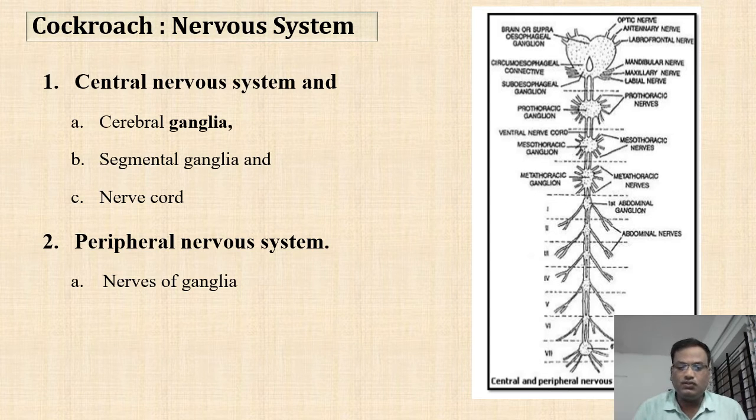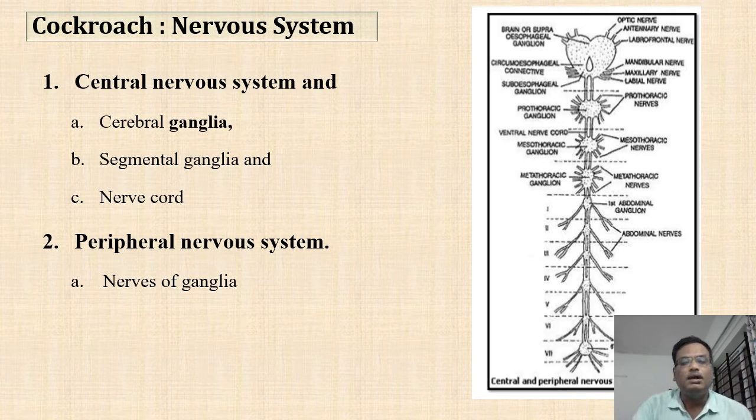So the messages from the sense organs from different parts of the body travel through the nerves, reach the ganglia, and the message which the brain wants to send to different parts of the body moves from ganglia to the tissues or cells through these nerves.